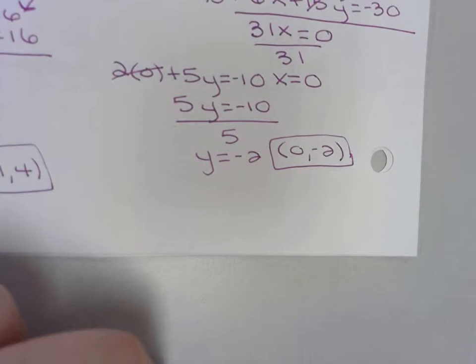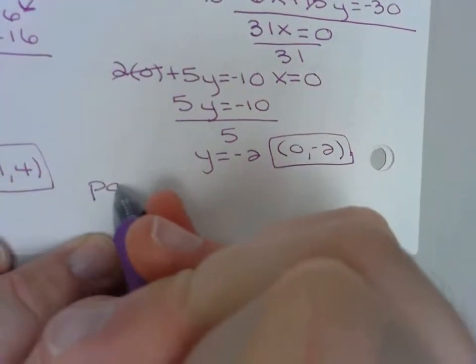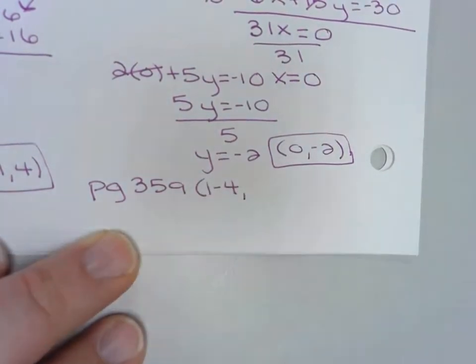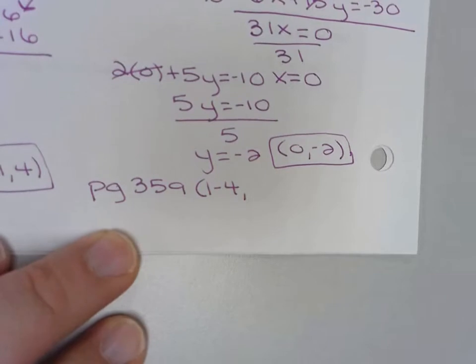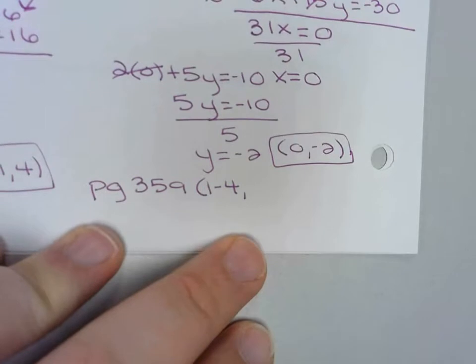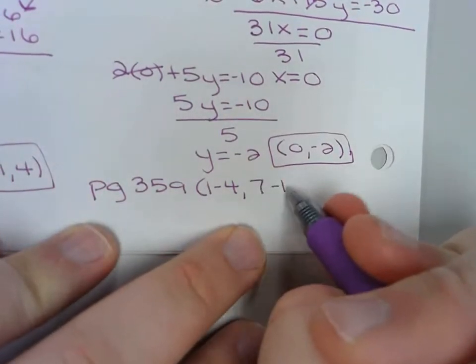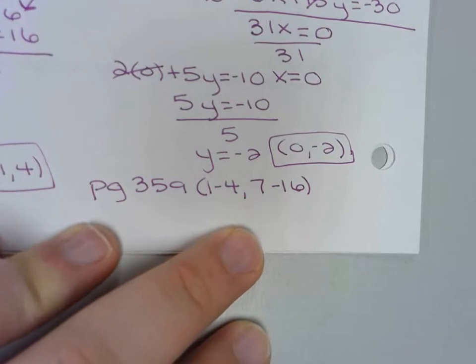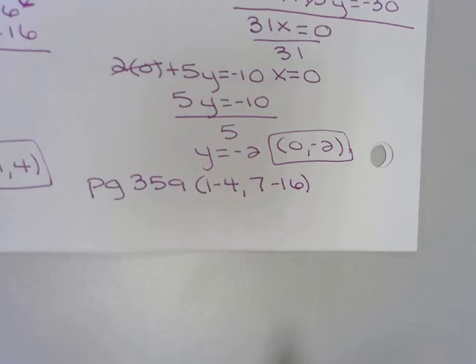So your assignment is 359, 1 through 4, and then 7 through 16. Okay, so 1 through 4, 7 through 16.